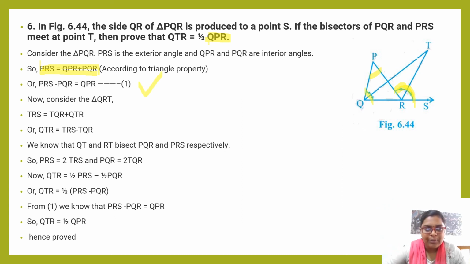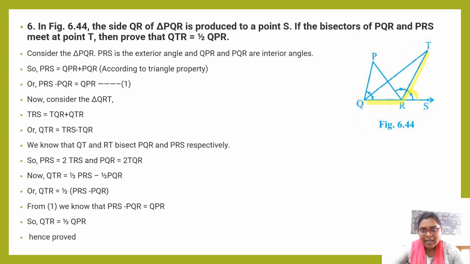Next, we are going to consider the another triangle QRT. Where is QRT? Here. QRT. Okay. So in this, TRS is equal to, this is the exterior angle, right? Which is TRS.